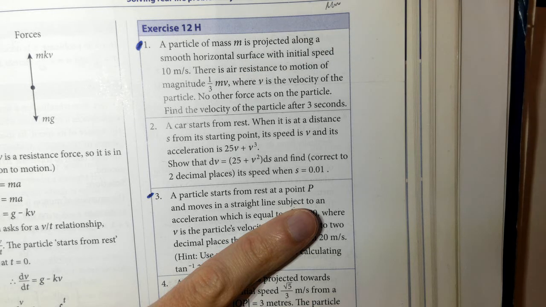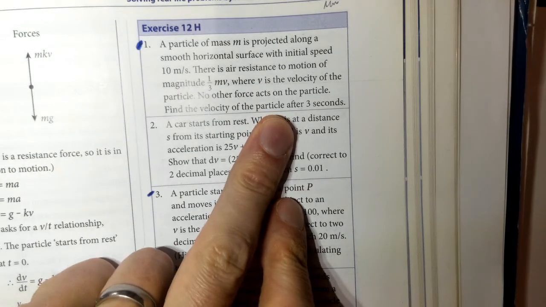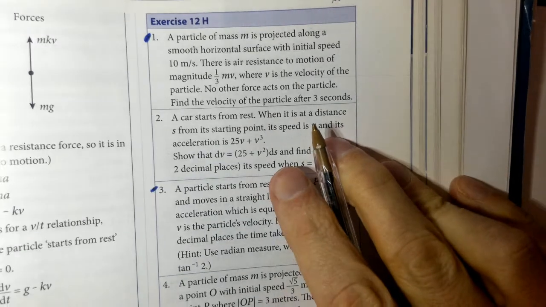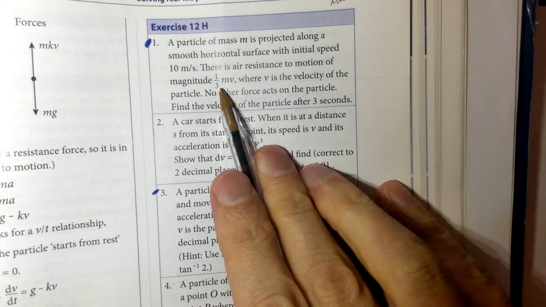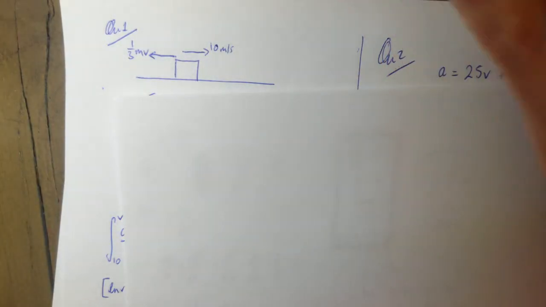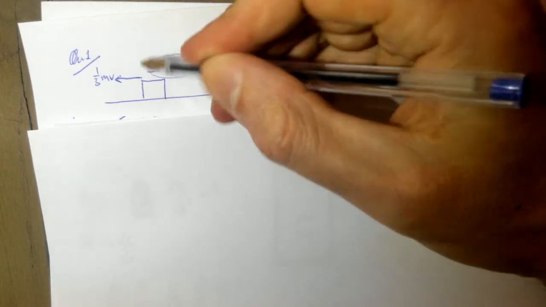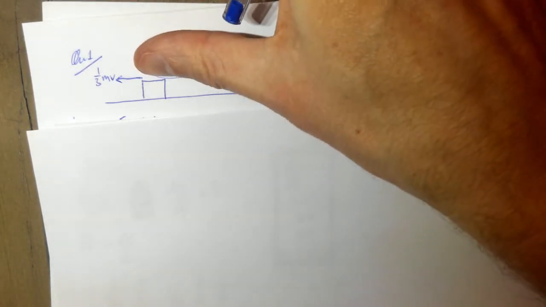Find the... so what we try and do if we get a scenario like this is work out an expression for the acceleration. Okay, we know that F equals ma. We know this is the only force acting on the particle, and it's acting against the direction of movement, right? So this is not a force diagram because I've got 10 meters per second there. Now it's a force diagram, right?